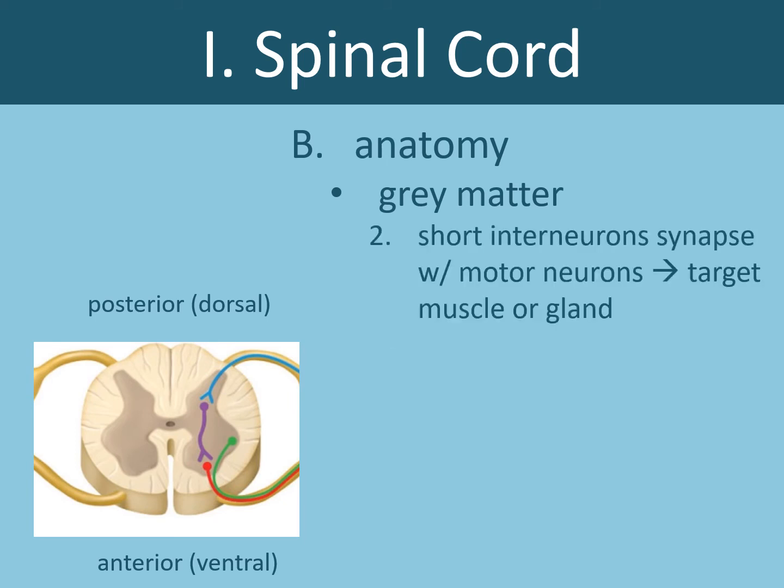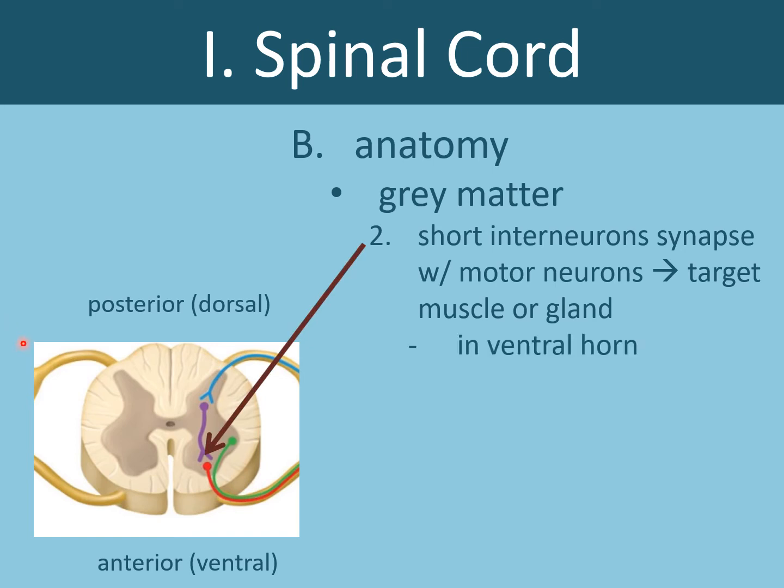You can also see in this diagram that those short interneurons, which were colored purple, also synapse with motor neurons, colored red. These neurons target muscles or glands. You can see those right here.